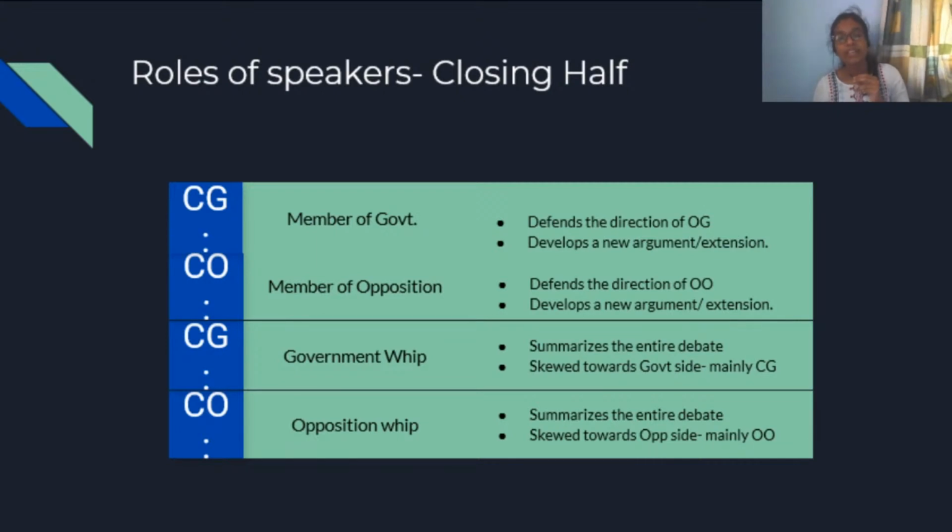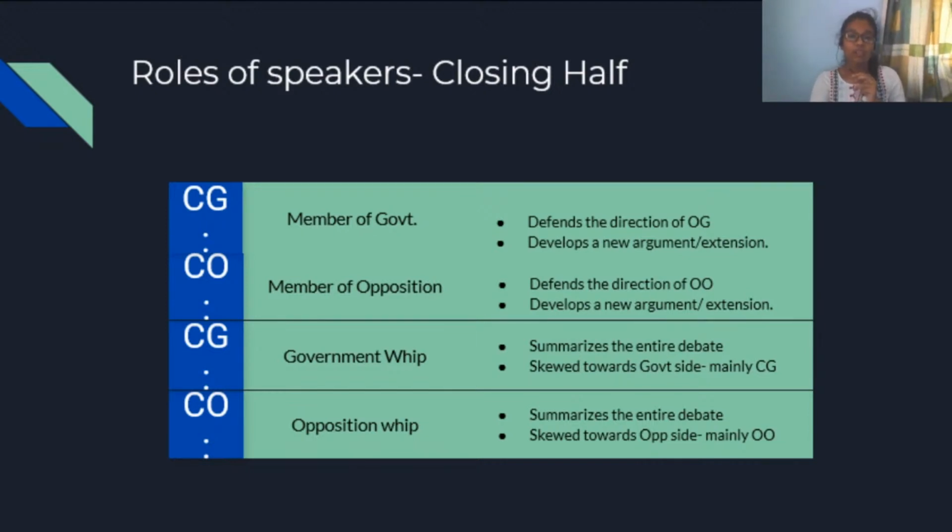If that's the case, then the closing house can take up a point already mentioned by their respective opening house and give more deep analysis and more reasoning to their cases and make the cases stronger. And that will make the cases more valid and their point will stand over the opening house if the reasoning is stronger. So that is something that both the members of government and opposition can do.